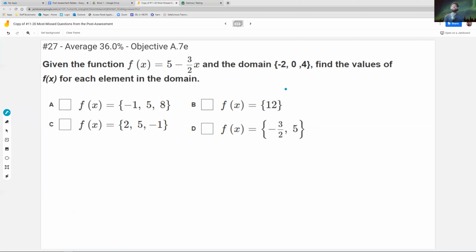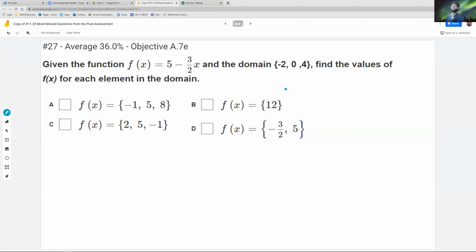All right, this says, given the function f of x is equal to 5 minus 3 halves x and the domain -2, 0, 4, find the values of f of x for each element in the domain. The way you're going to do this one is to substitute. There are 2 different ways you can go about this, but in essence, they're both still substituting. The first one is to solve it by hand.